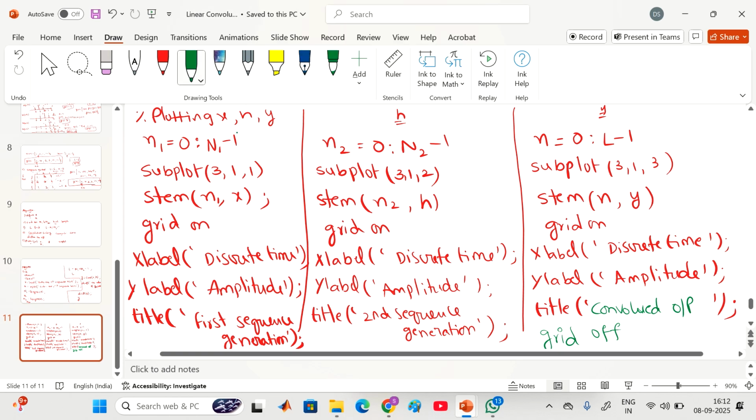So while writing, give H as a comment. Plot of y, here H plot, here input plot. Plotting of x, h and y. So instead of giving x, h, you can give x1 and x2 also.